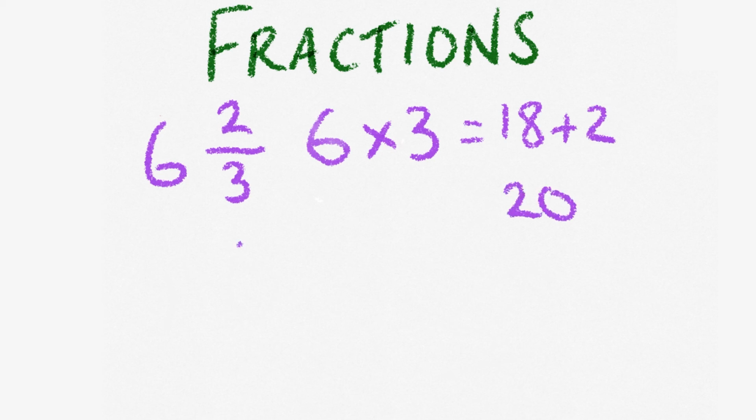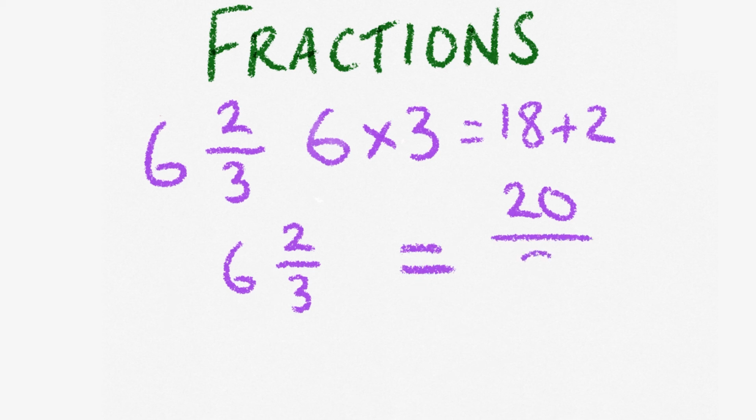So 6 and 2 thirds equals 20 thirds. So if I had 20 thirds of an apple, I would have 6 whole apples and 2 thirds left over. Let's try it one last time.